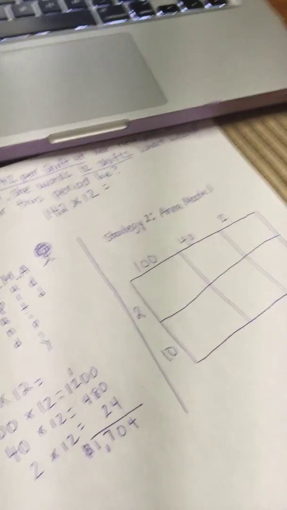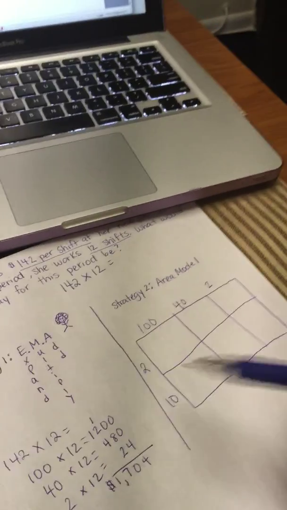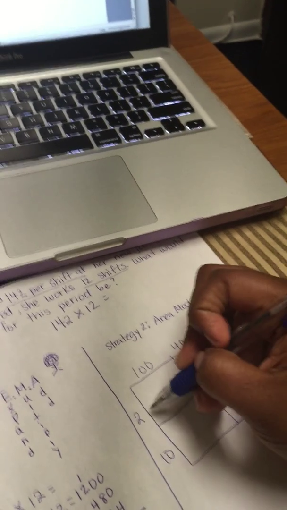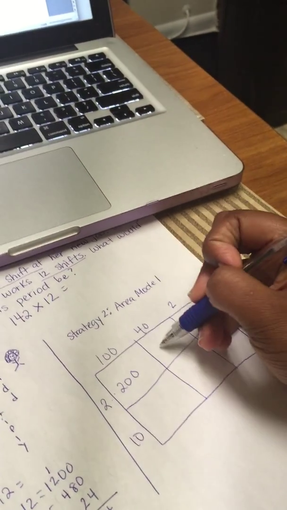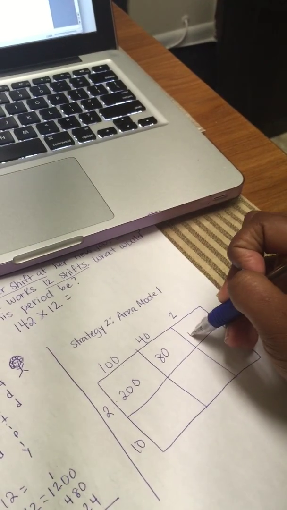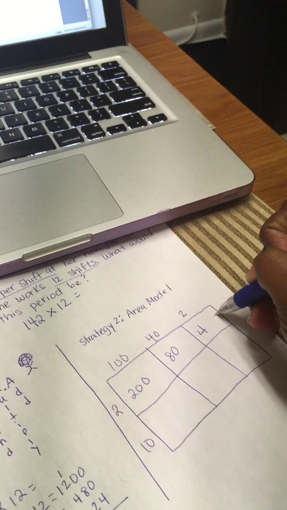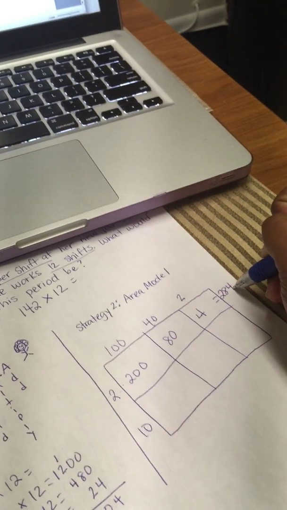Just like EMA, I expanded my numbers, and now my next step is to multiply. 100 times 2 is 200, 40 times 2 is 80, and 2 times 2 is 4. So my partial product here would be 284.